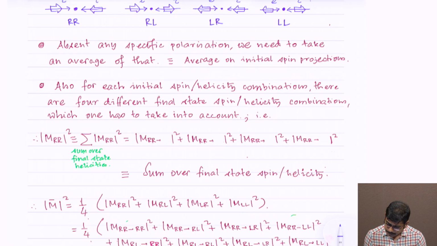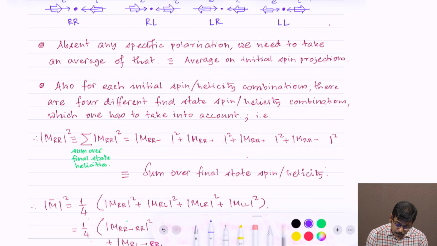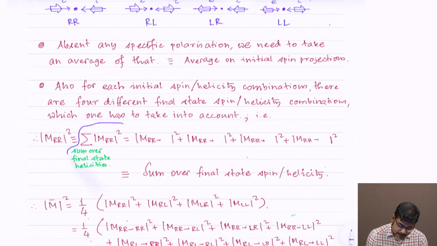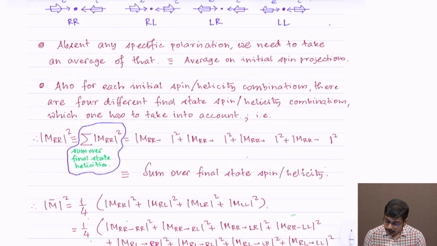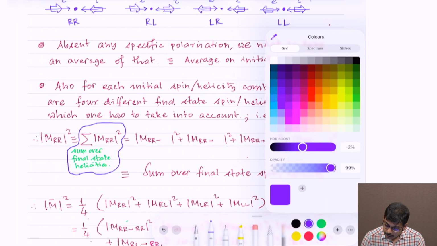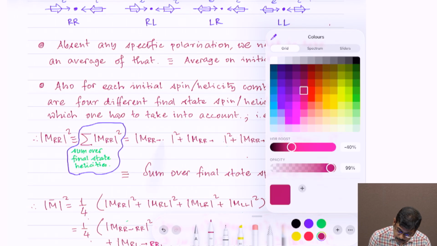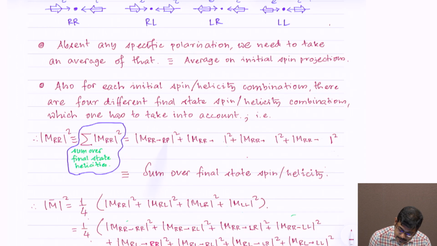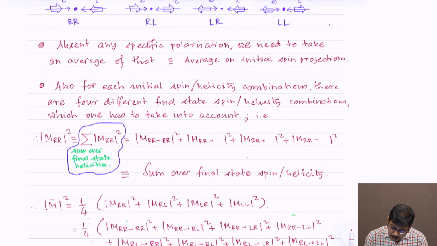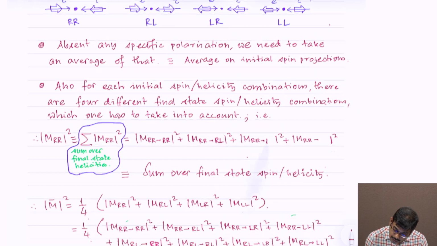So, mod of M_RR square essentially means the sum over all the helicity combinations of M_RR square. It means you have to take all these combinations: RR going to RR, where both the final state electron and tau are right handed, RR to RL, RR to LR, and RR to LL.